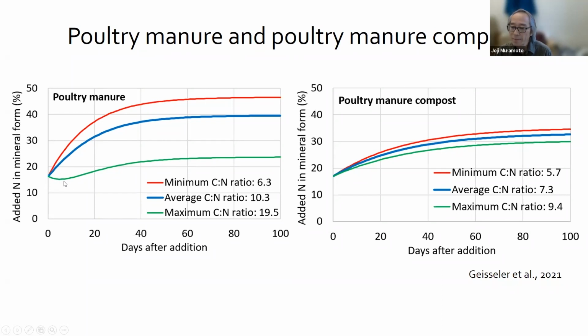The slow one only releases like 20%, but the high nitrogen one, or low C:N ratio one, releases more than 40% of the nitrogen. But once composted, the variability is reduced greatly. So poultry manure compost releases nitrogen slowly, up to 30% or so in 60 days.